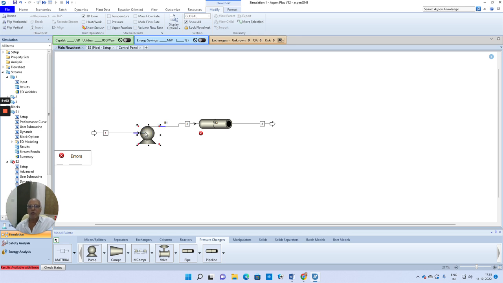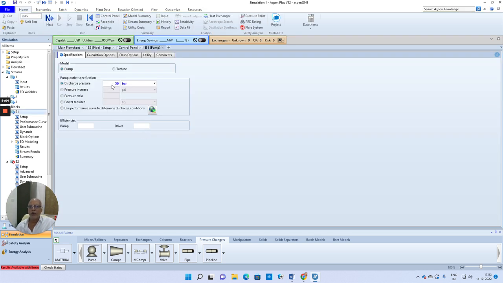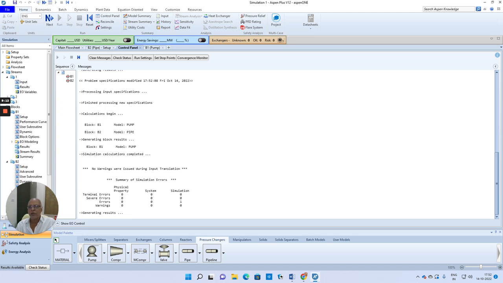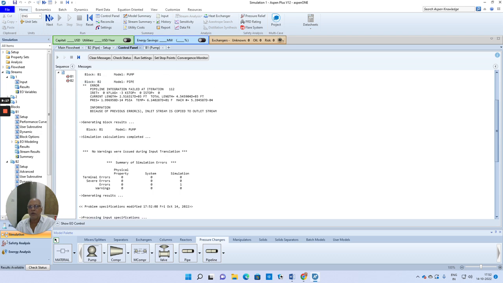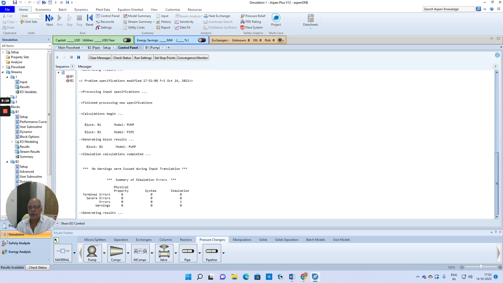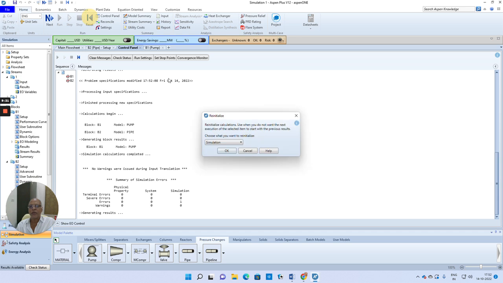So again, we don't know what this value is. So let me consider something like 100 instead of 50. Okay, next. Now once again you can see if you are able to compress now. Previous, let me reinitialize.